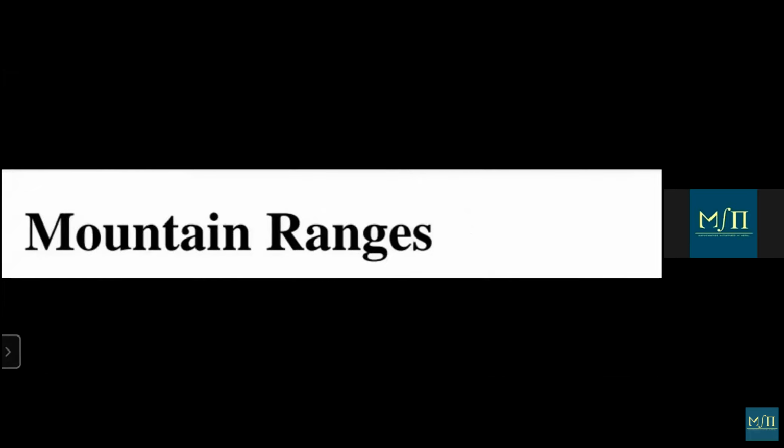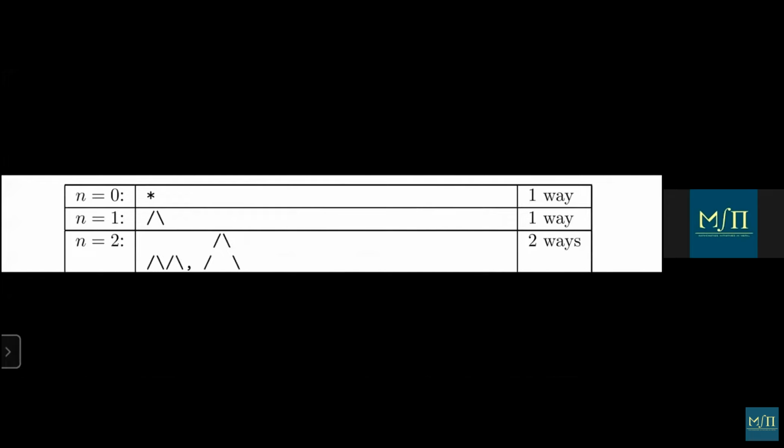How many ways are there to create a mountain range? Okay, so suppose n is equal to 0, where you don't have any pair of sticks. So n is equal to 2, where you have two pairs of sticks. You can either go up or you can go down, but you cannot go underground. So you can do up, down, or you can go like up, up, down, down.